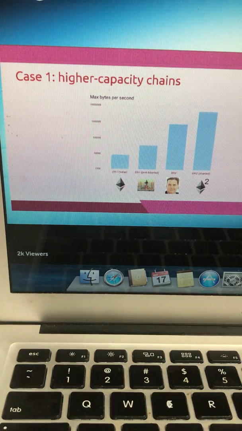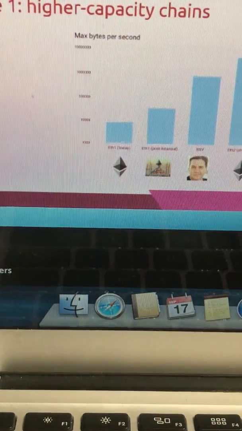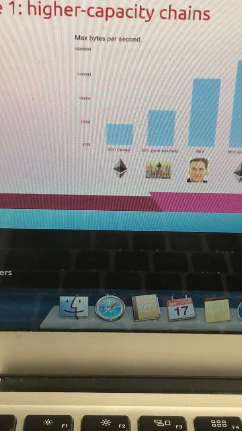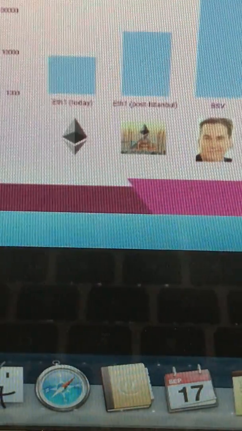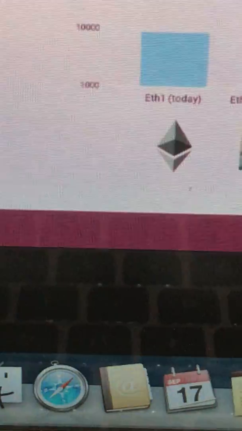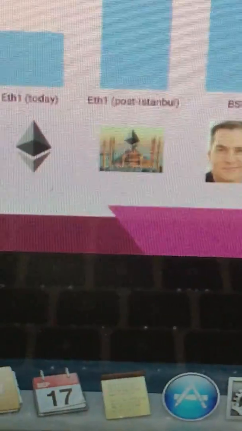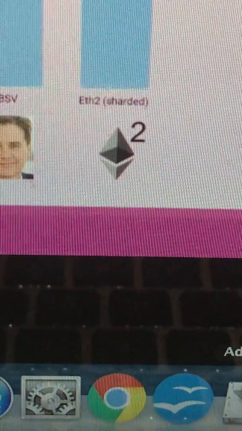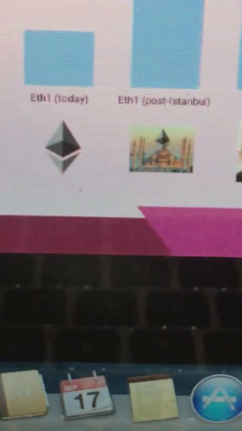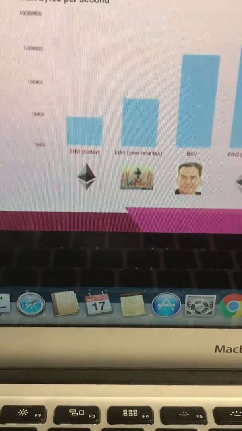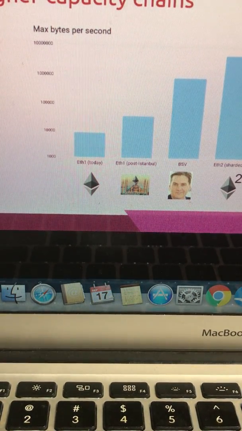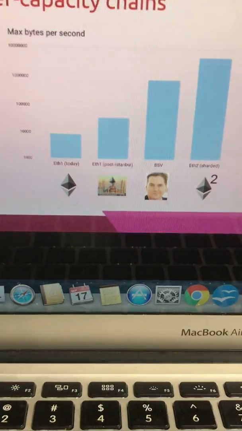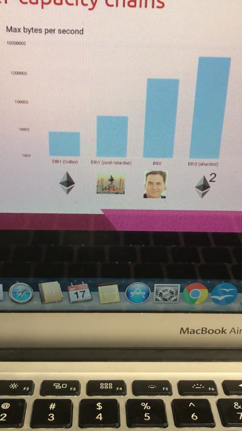So that's Ethereum today, Ethereum after the Istanbul hard fork, that'll reduce the call data gas cost from 68 to 16, the Craig Wright chain, and sharded Ethereum with its 1024 chains also plans to be very high, right? Now, in the grand scheme of things, a few megabytes a second isn't very high. It's still within bounds for at least some home users and at least some contexts to be able to download everything sometimes, but it's definitely too high for most people to reliably download.